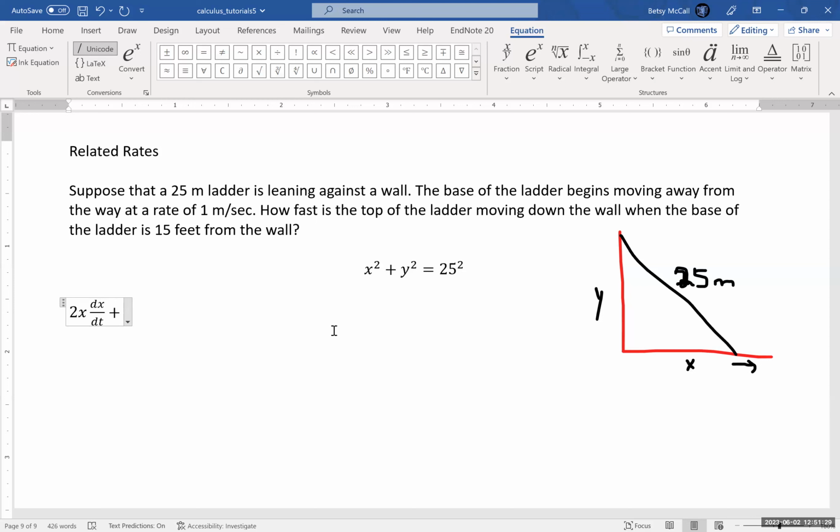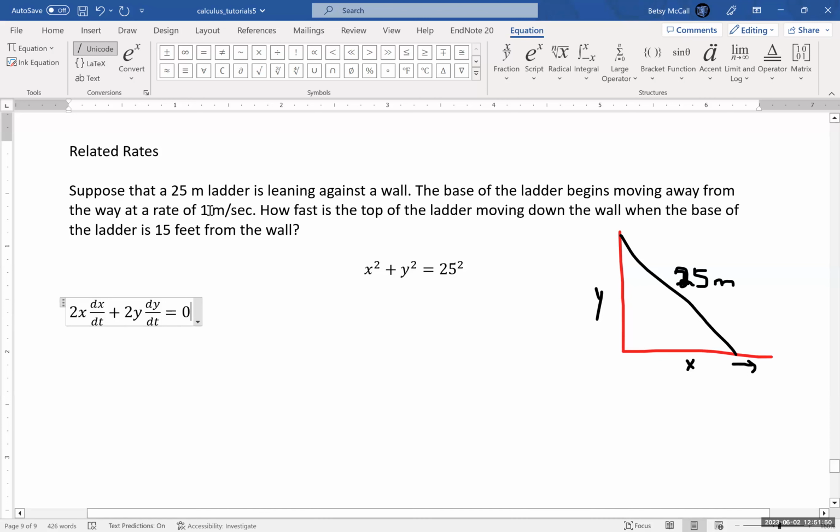And then same thing for the y term. y is a function of time. So we're going to take the derivative normally and get 2y, and then multiply by the chain rule, dy/dt. And then 25 is a constant. The ladder length is not changing. So the derivative of a constant is 0.